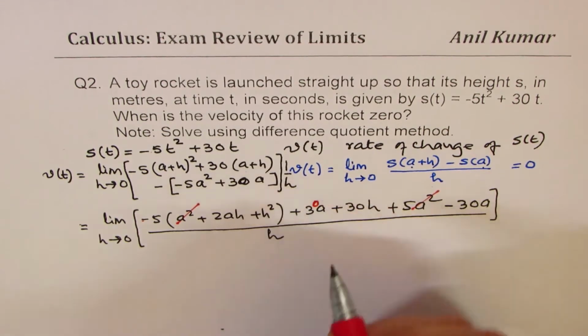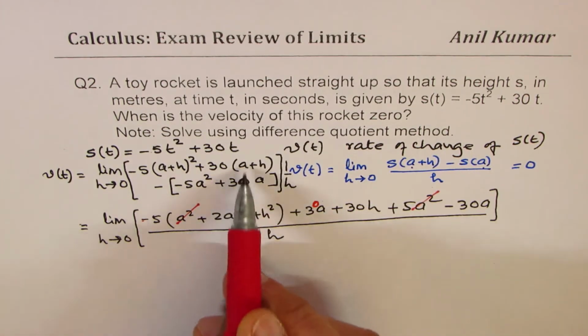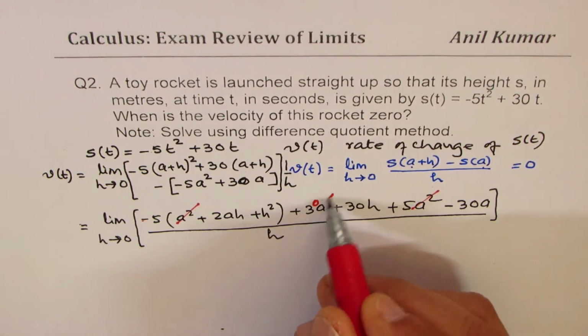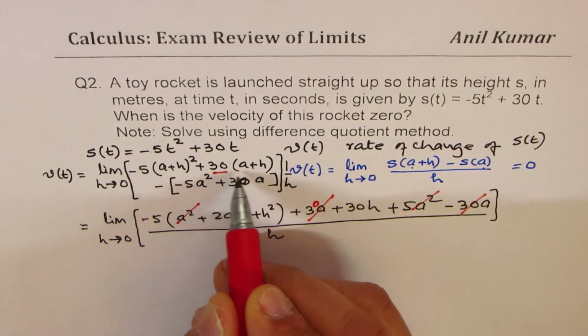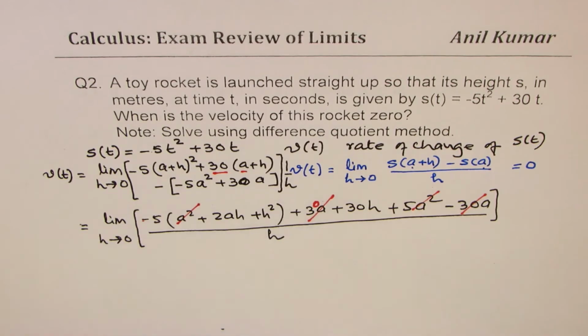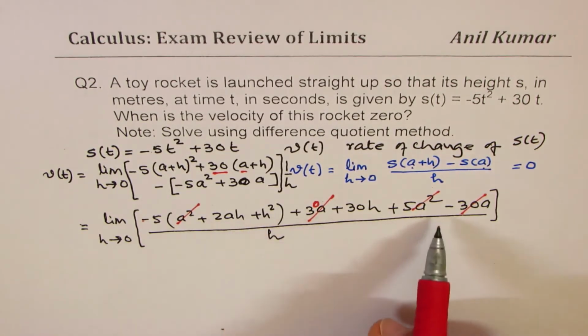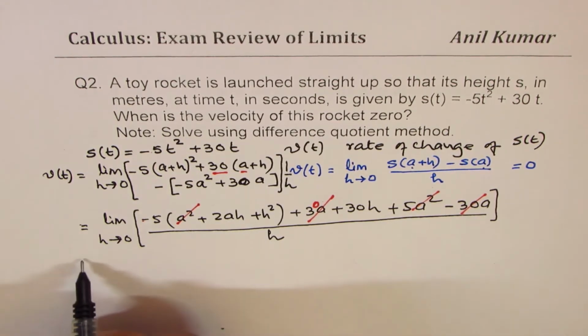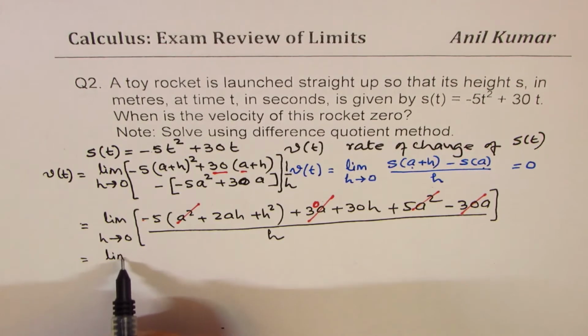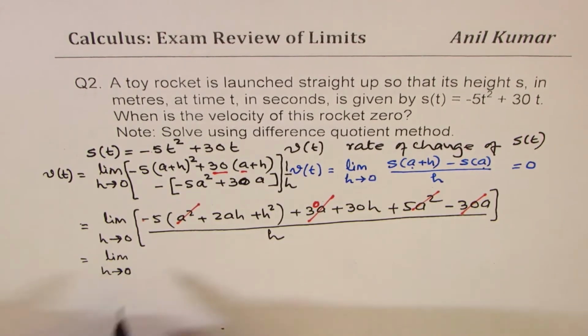So this I wrote wrong. It is 30 times a, right? So 30a. So this 30a cancels with minus 30a, since it is 30 times a, not 3a. Okay, so that's what cancels. What really remains is the terms with h. So all other terms cancel, right? You must have learned this by now. Always that is going to be the scenario.